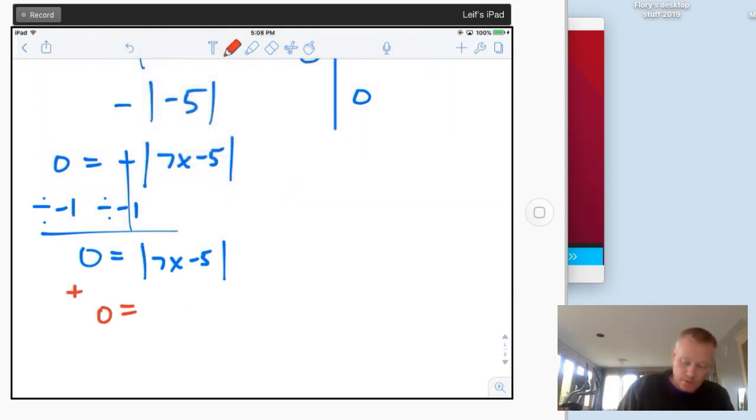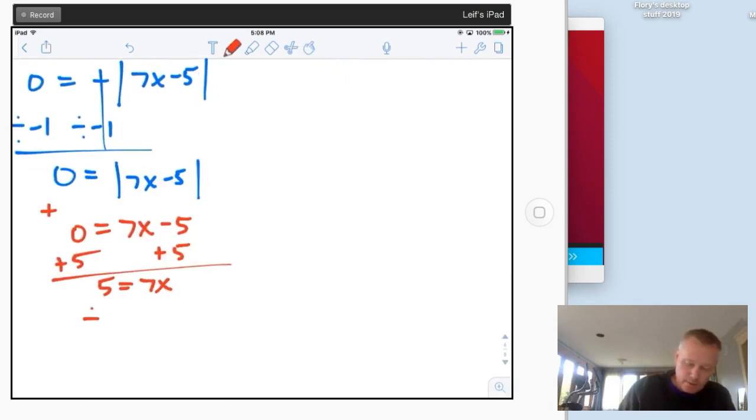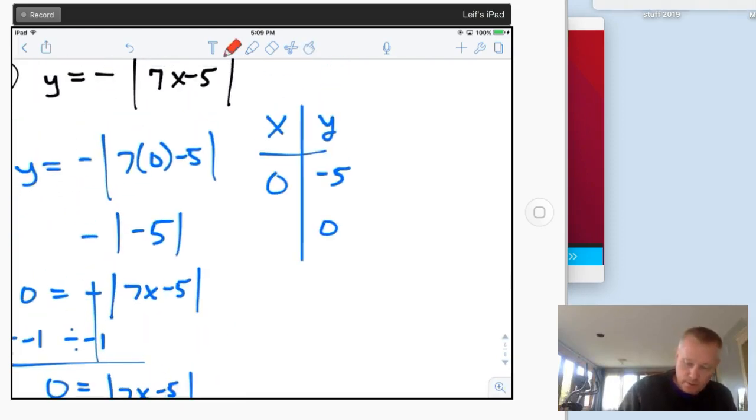Just go 0 equals 7x minus 5, and that'll take care of both of them. So if I add 5, I get 7x equals 5, and then I divide by 7, and I get my answer. x equals 5/7. And that'll be what I plug in here.